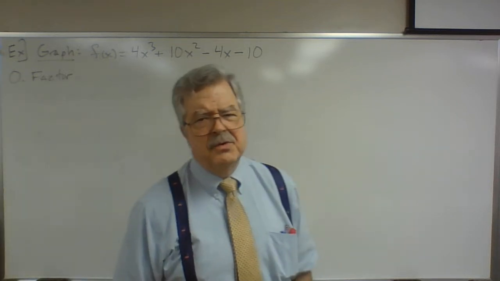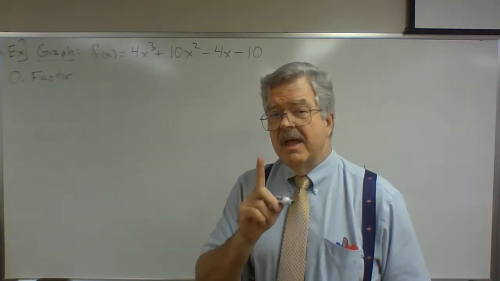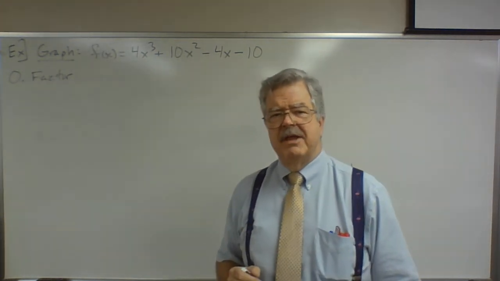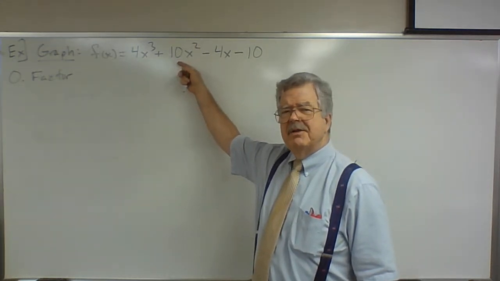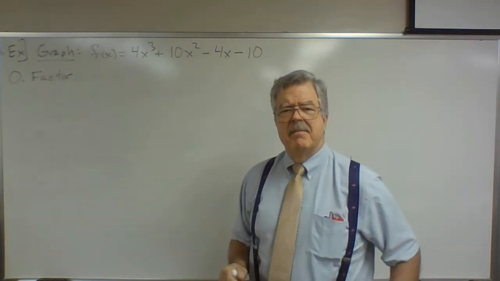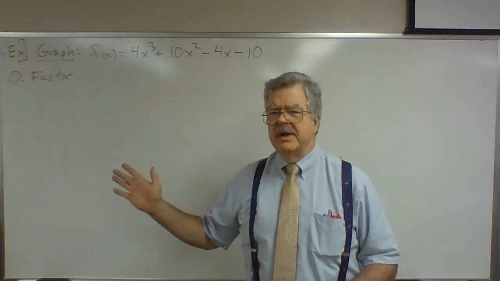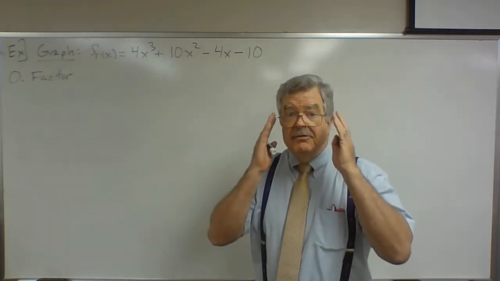I see two ways that we can go about doing this. And I'm going to do this both ways because if we're faced with a polynomial like this and we need to factor it, we may not see one way right away, but the other way may work just fine.